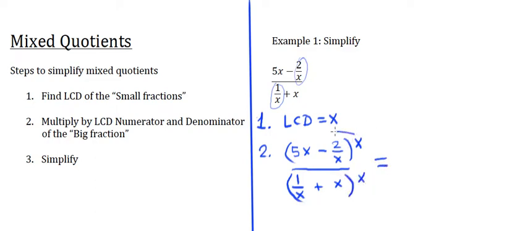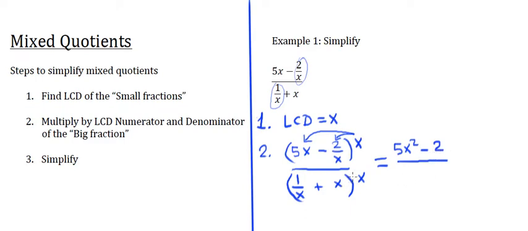Using the distributive property, 5x times x is just 5x squared. x multiplied by 2 over x, notice it's going to be 2x on the numerator divided by x. 2x divided by x, once you cancel x, will be just 2. So this will be minus 2. Notice how nicely the LCD cancels or eliminates the denominators, right? So numerator 5x squared minus 2.